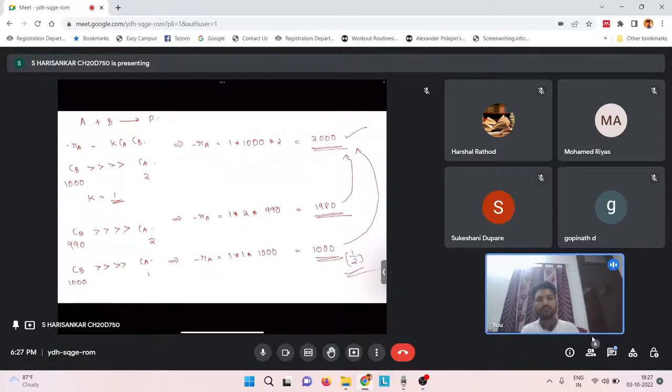So that means the concentration of Ca has a bigger say in your reaction rate compared to Cb, because even if Cb changes a little, the value of the reaction rate does not vary that much, since the change is very little. But if Ca changes, even slightly, there is a huge change in the value of your reaction rate.